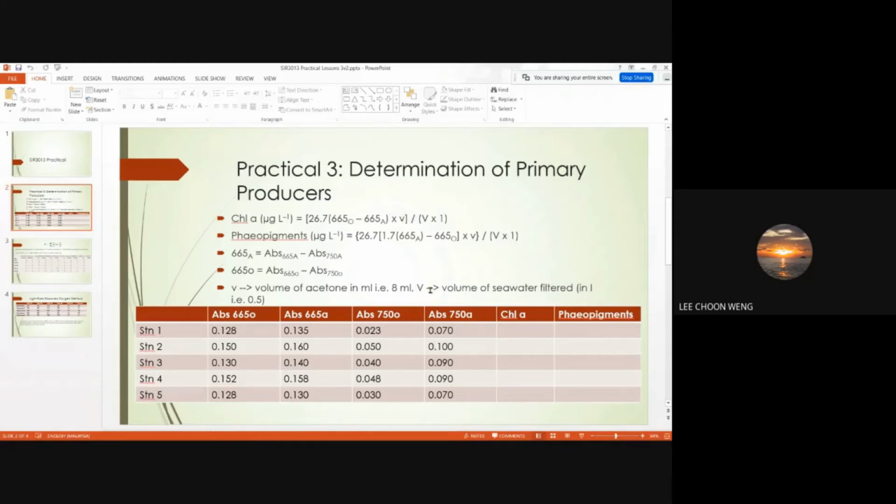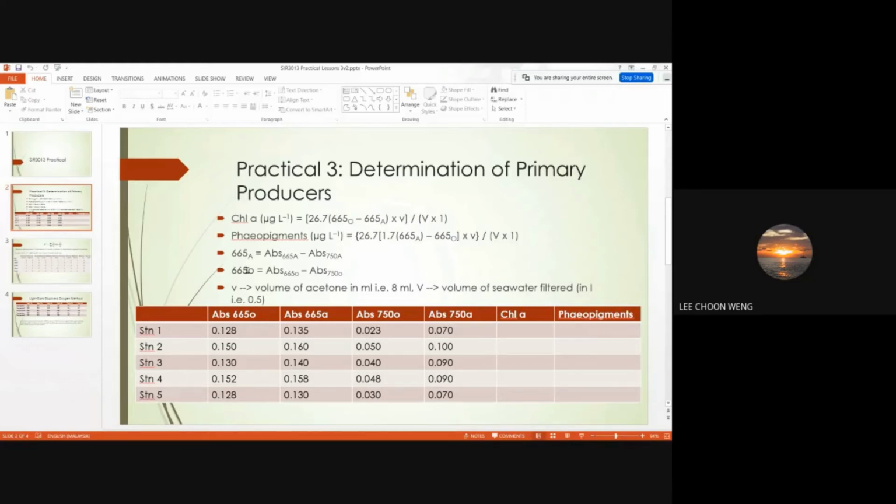Okay? So make sure you do not convert unnecessarily, because if you look at the instructions carefully, you know that this one is 8 and this is 0.5.